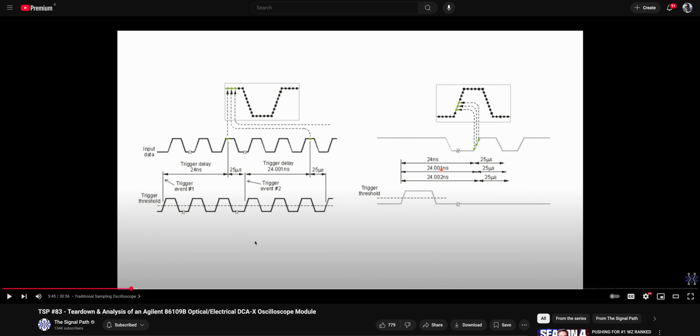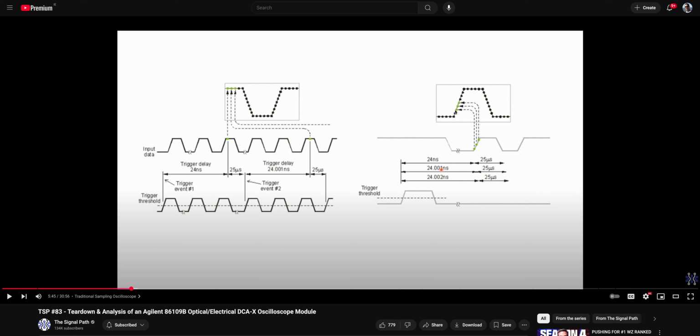In this video in The Signal Path, I like this diagram, because in this technology you have a very fast signal flowing, and you take consecutive samples that you will be delaying over time.